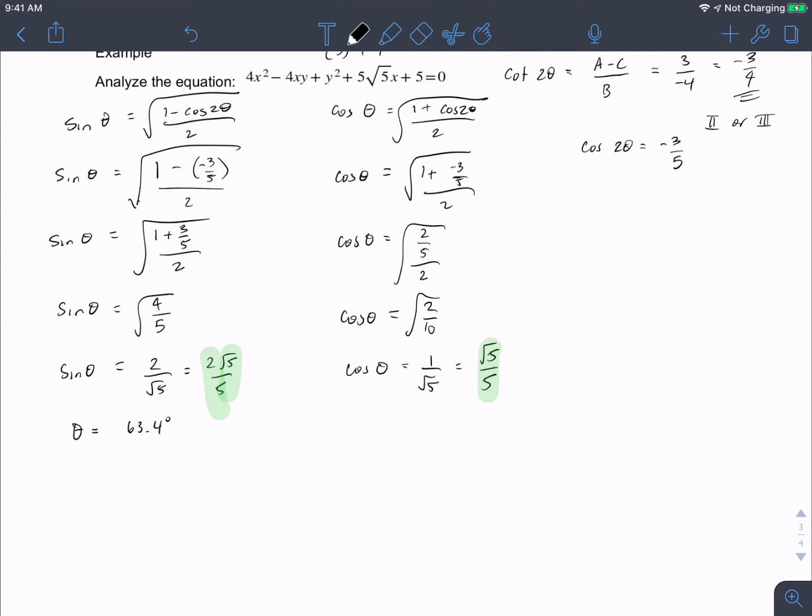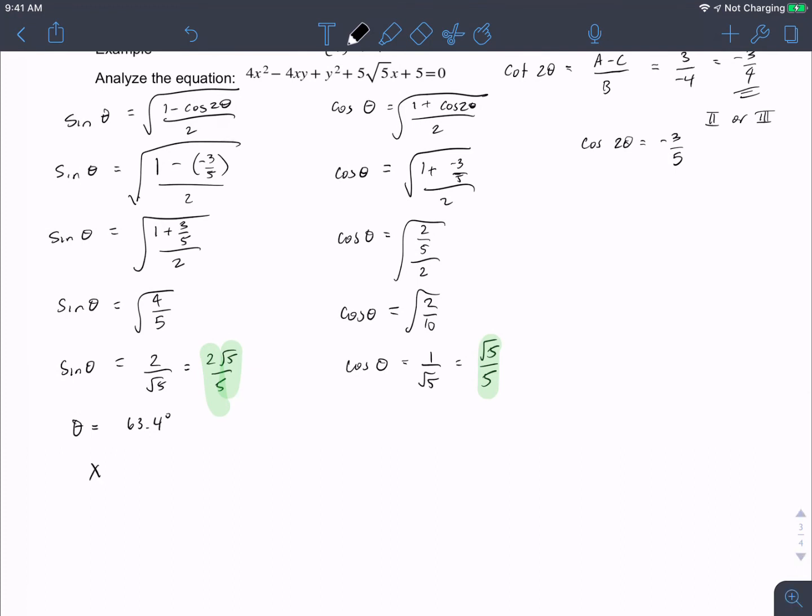And so we have to remember x is equal to x prime cosine theta. So cosine theta is radical 5 over 5, minus sine theta y prime. Let's not forget the primes.